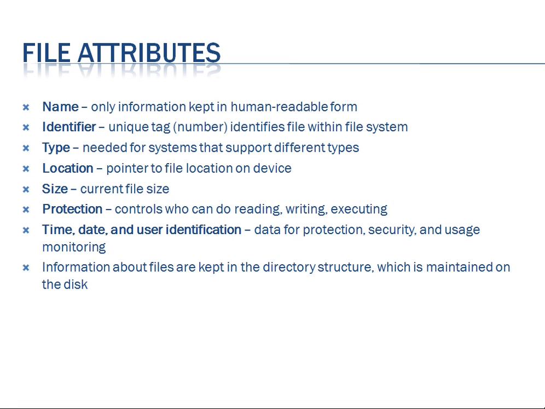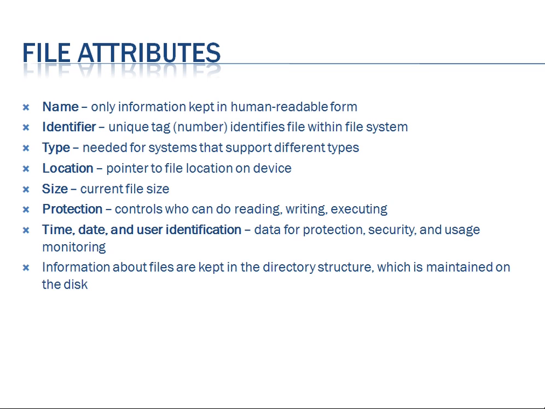A file has its identifier, that is a unique number which identifies the file within the file system. A file must have its type. As I said, there can be any type of file, like an image file, a video file, or text files. So it has got some type which is needed for the system that supports different types.